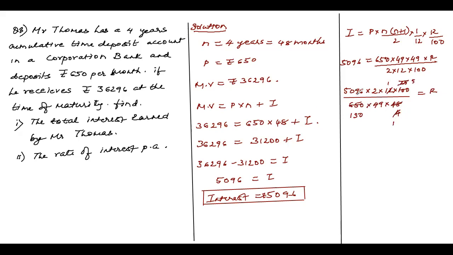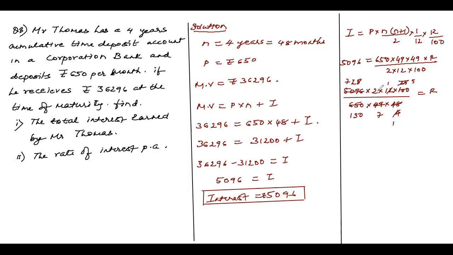Now here, please have a look. This 7, 7 times 7 sevens are 49, 7 twos are 14, 7 eights are 56. Got it? Again, children, what will happen here?